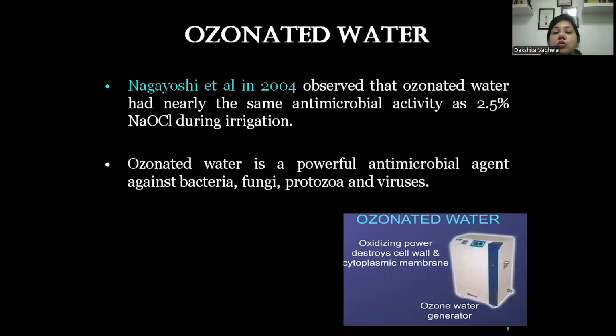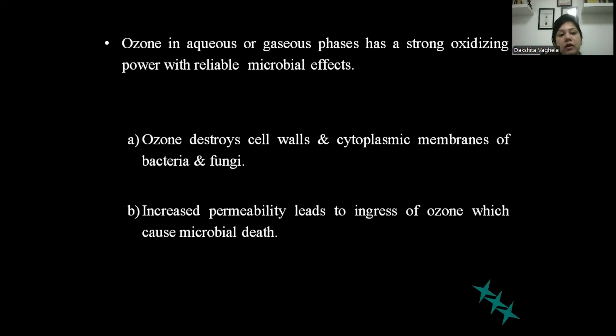The next irrigating solution is ozonated water. This was given by Nagayoshi et al. in 2004, and they observed that ozonated water has similar antimicrobial efficacy as 2.5% sodium hypochlorite during irrigation. It is a powerful antimicrobial agent against bacteria, fungi, protozoa, and viruses.